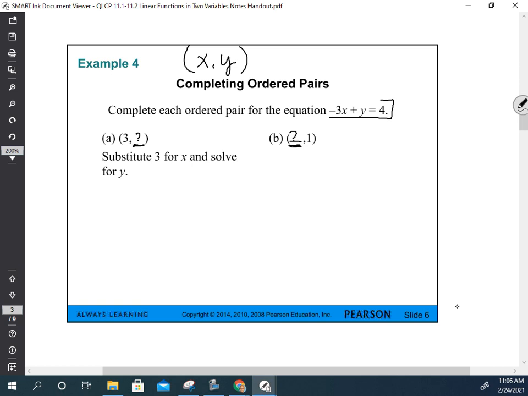So here's our equation. Our point was 3 comma blank. So there's our equation. Take 3, plug it in for x. So that's negative 3 times 3 plus y equals 4. So now we solve for y. This is light work. What should we do first?